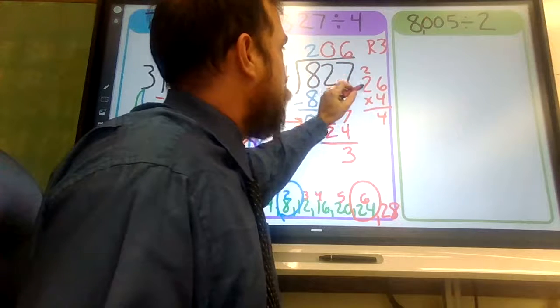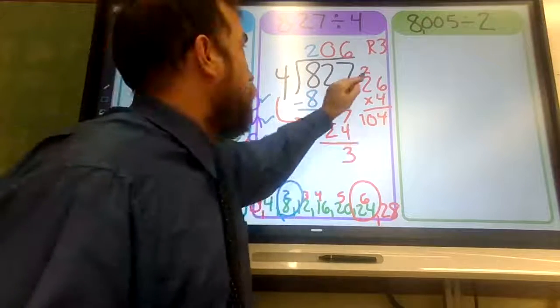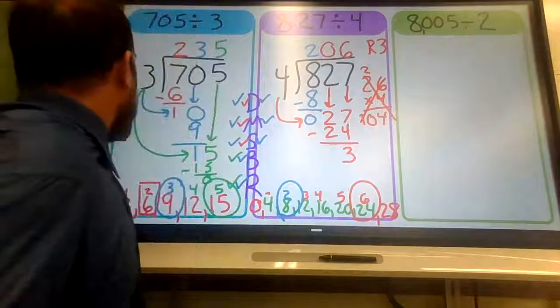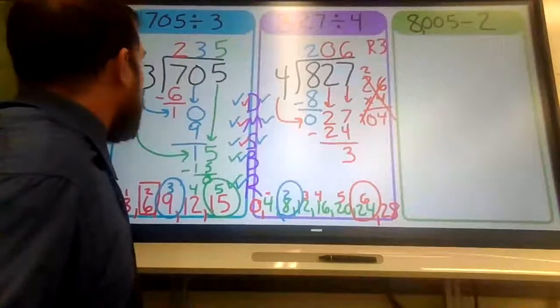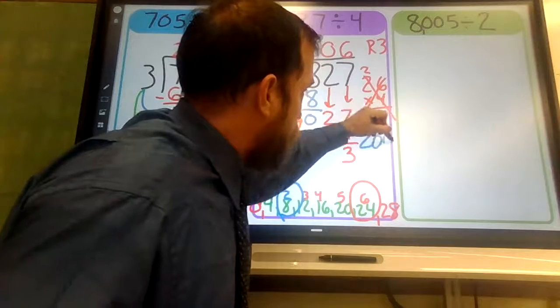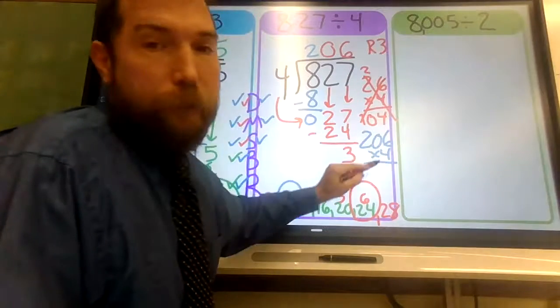4 times 2 is 8, plus 2 is 10. That's not my original number, because that's not what the answer is. The answer is 206. Let me switch colors just to distinguish it. Right, if I have 206 times 4, 6 times 4, 24.